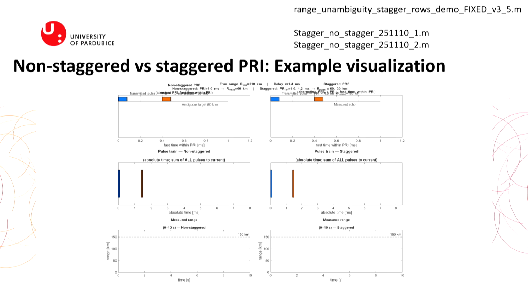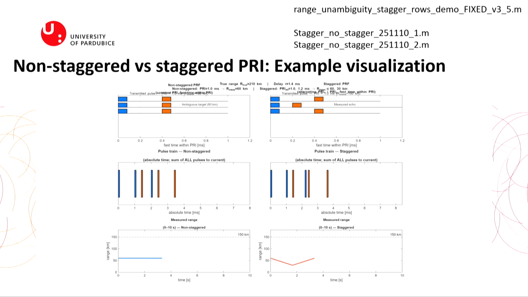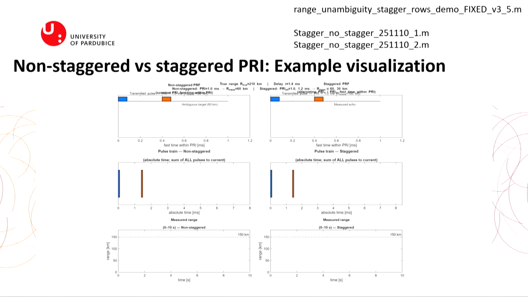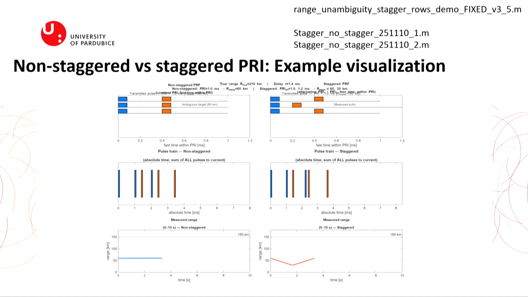Because this is produced by this script, if you want to run it, you can easily, without any problem, but it is very slow because of the generation of this GIF. So I don't want to run it because it takes 1 minute or something like this.